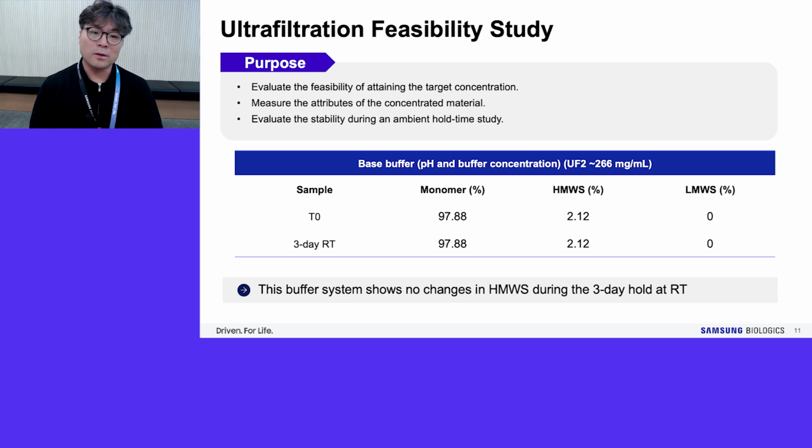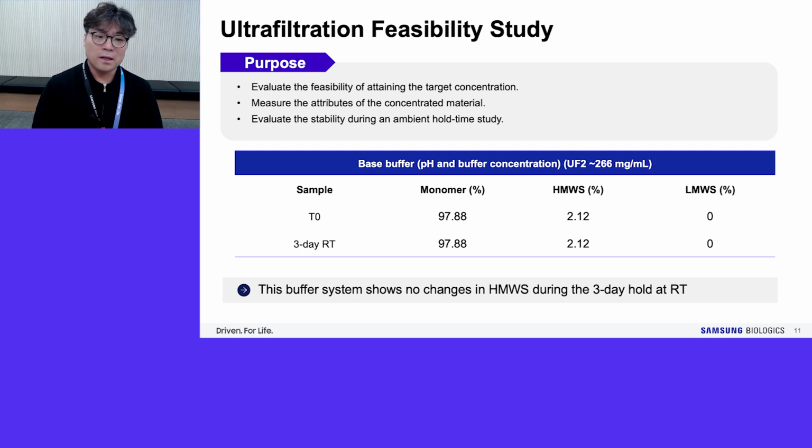We also confirmed not only viscosity and pH shift, but also the hold time stability, because sometimes the DSP process is not complete within a day. We confirmed the hold time stability during 3 days at ambient condition.